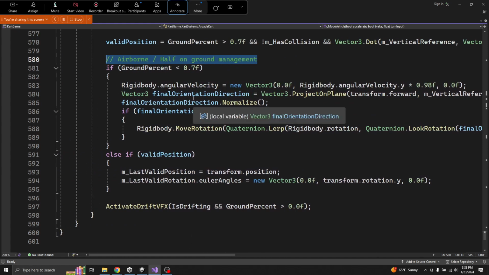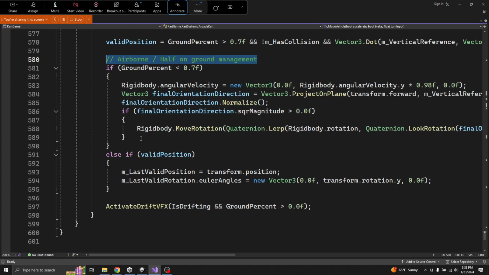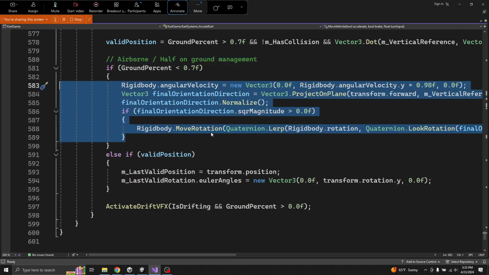But we're updating the angular velocity of our rigidbody. I'm not sure why we're messing with our angular velocity and our rotation of our rigidbodies. Okay, the else is a valid position.